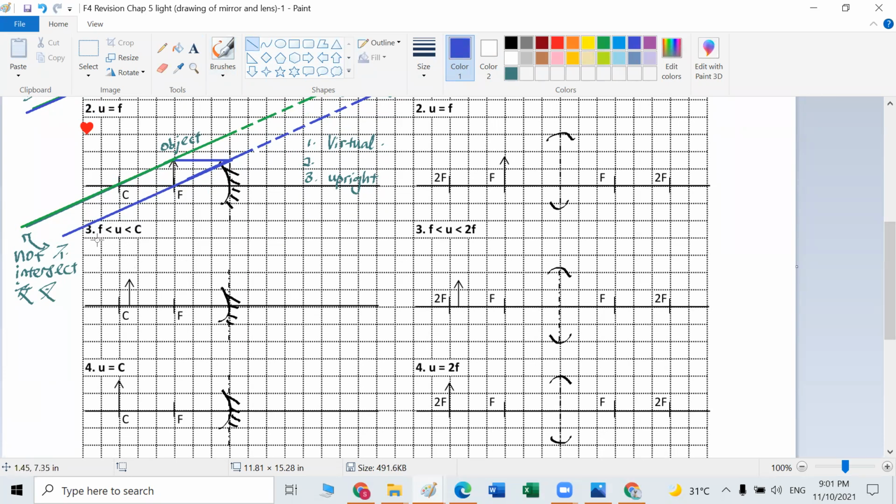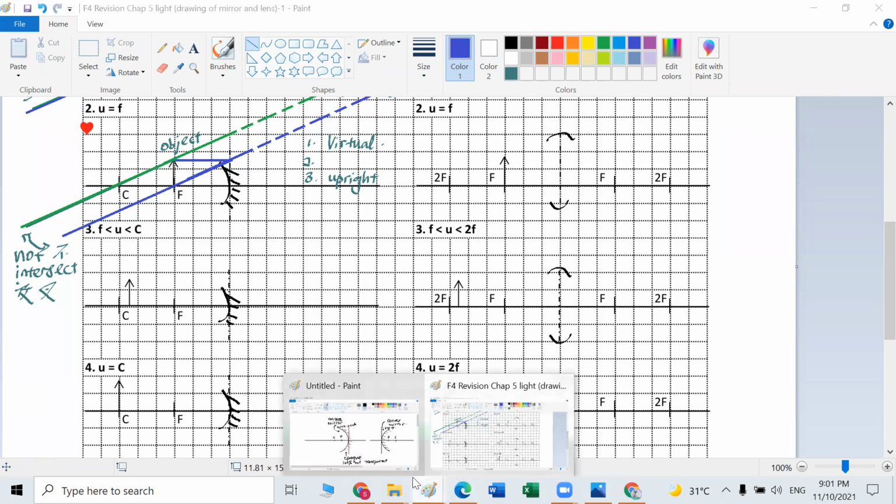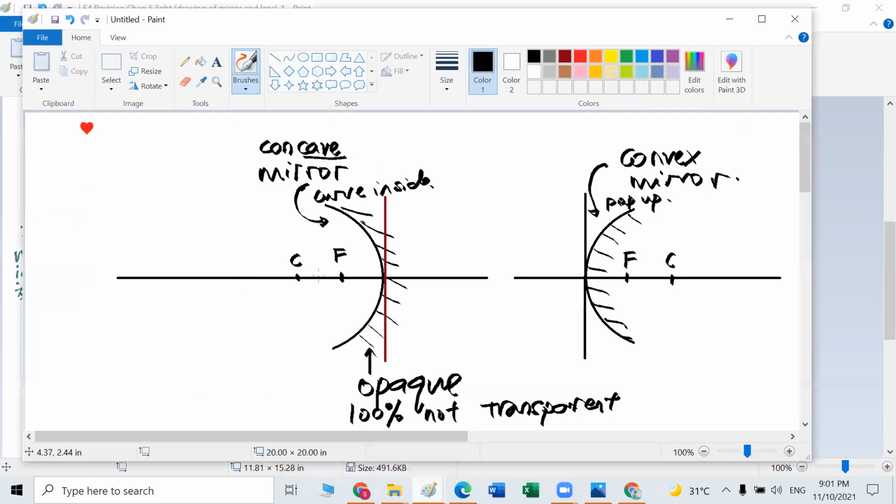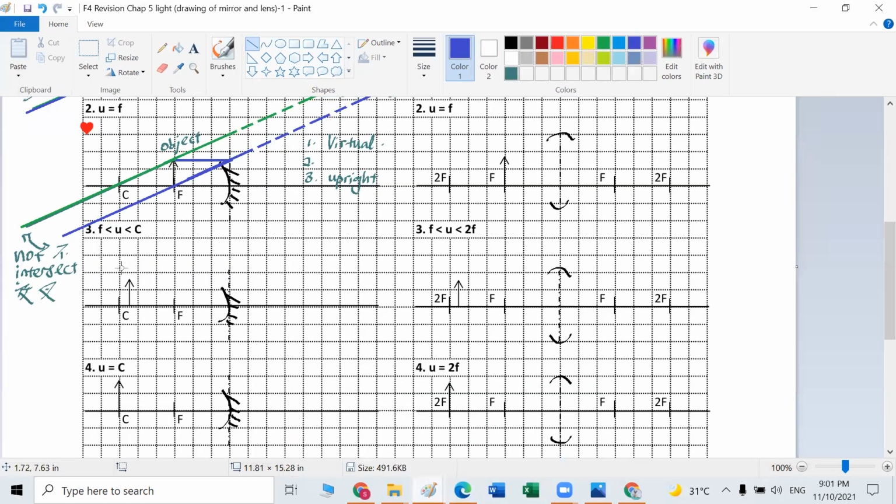Okay, next would be U is in between F and C. So U is here. U is in between F and C. Okay. So now same thing, K parallel.